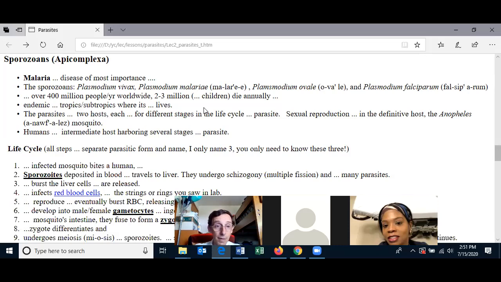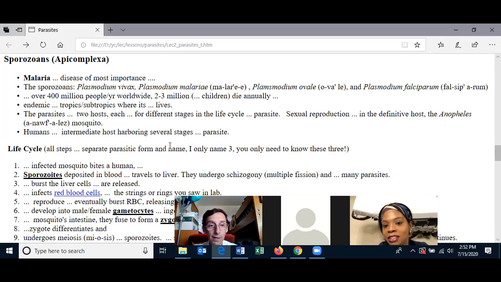Malaria is endemic to the tropics and the subtropics, and it is found wherever its vector lives. The vector which spreads the Plasmodium parasite is mosquitoes of the genus Anopheles.